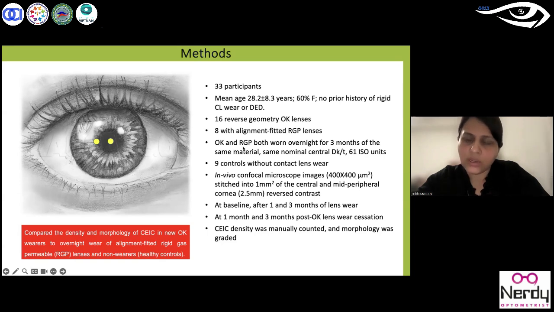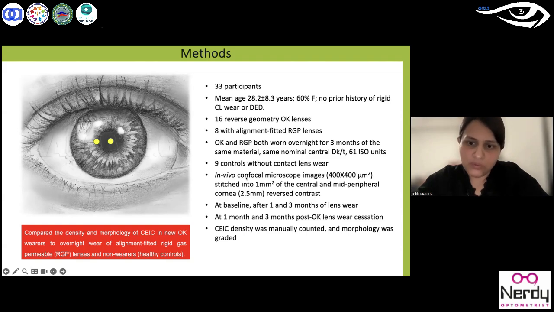Both were worn for 3 months, made of the same material, and the only difference between the two lens wear groups was the pressure applied by the orthokeratology lenses. We requested RGP lens wearers to wear their lenses at night as well, so they both wore them overnight. But as you can see, we just had 8 participants because not many people agreed to wear lenses at night. And 9 participants acted as controls.